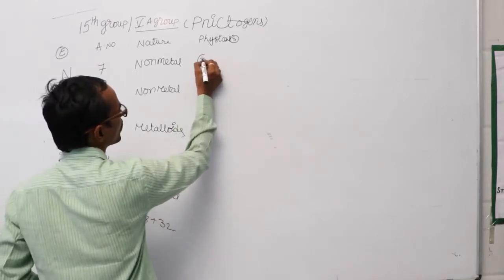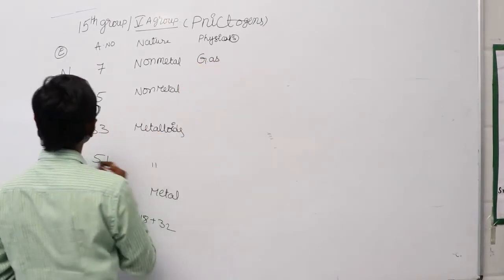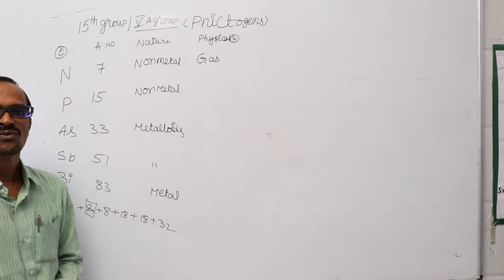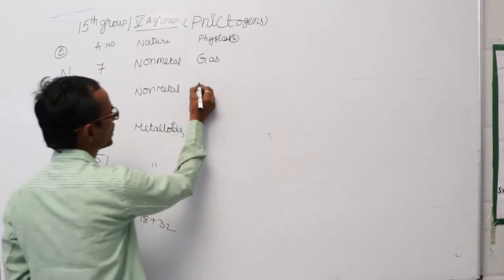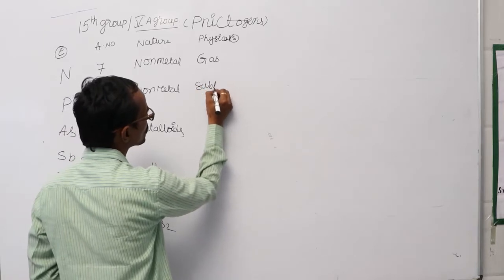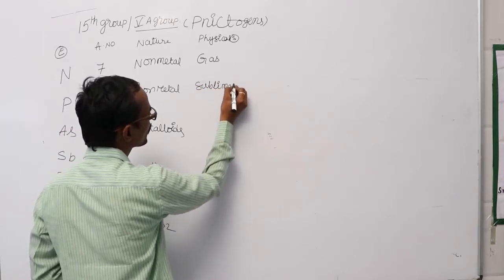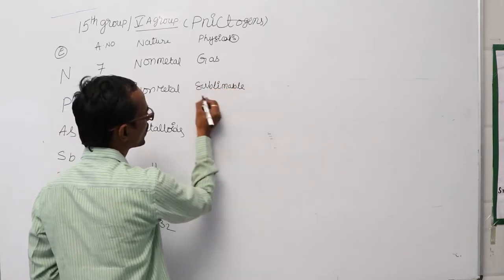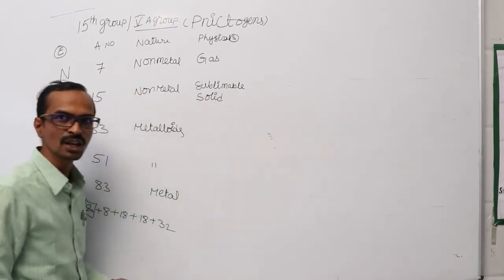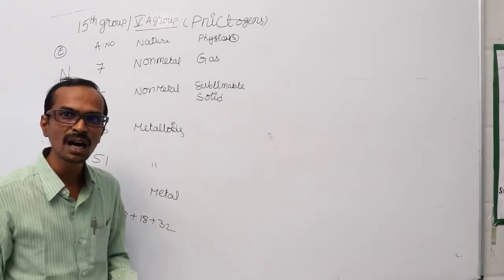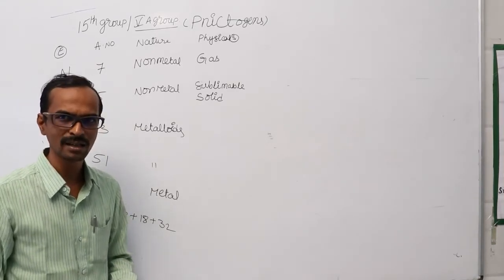The second one, phosphorus, is a sublimable solid. What does sublimable solid mean? It is a solid which has the tendency to get converted into the gas state directly.